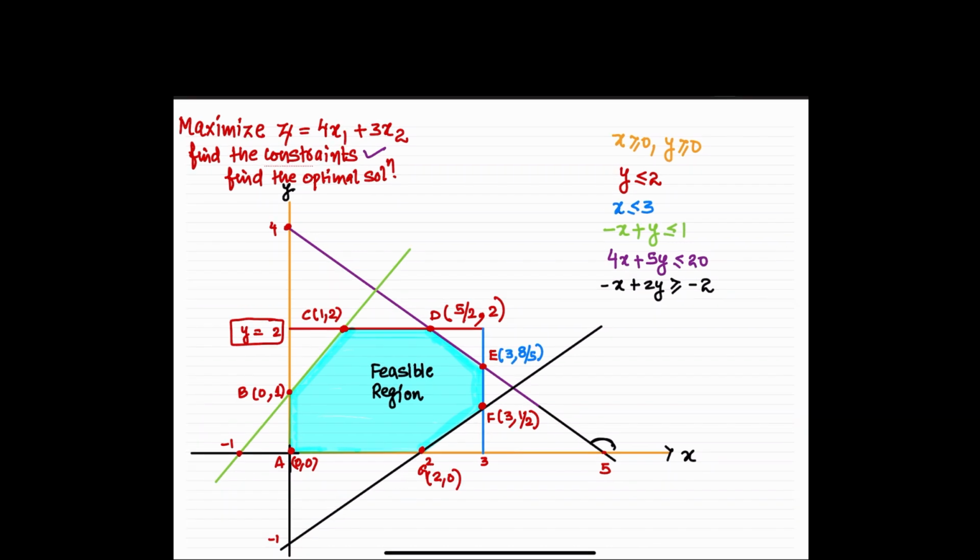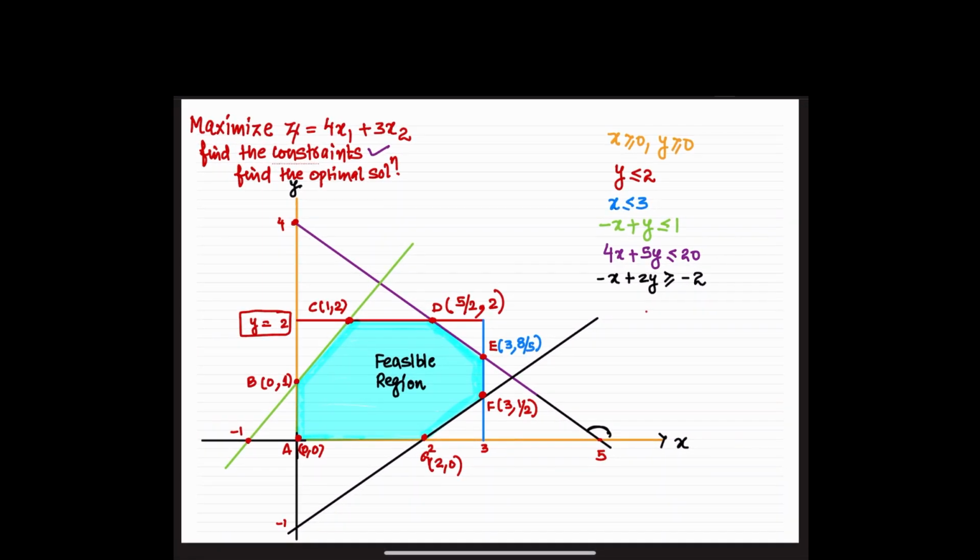So the corners are, this is the corner and this is the objective. The objective is to maximize 4x1 plus 3x2. The corner is A, 0, 0. B is 0, 1.